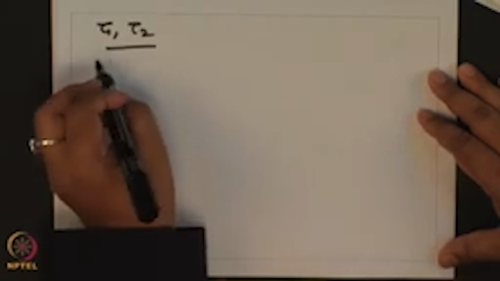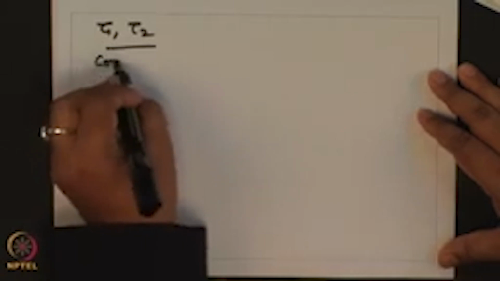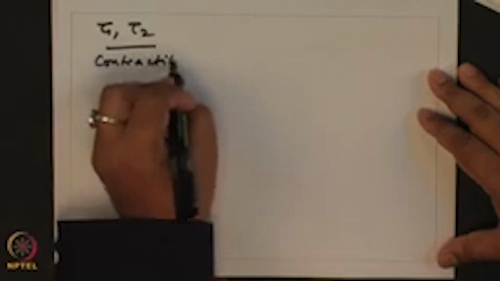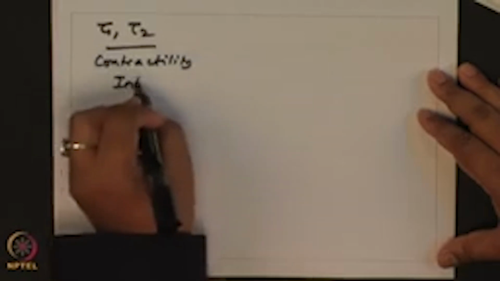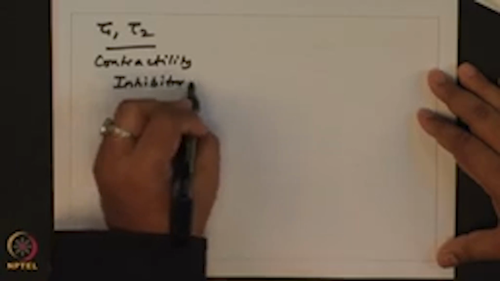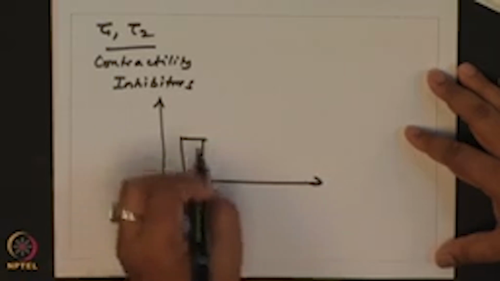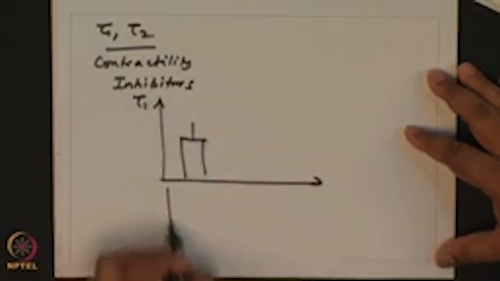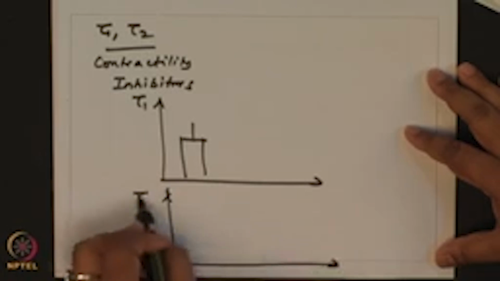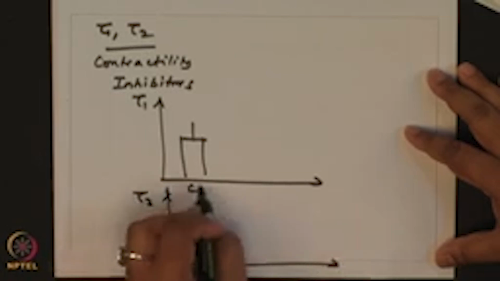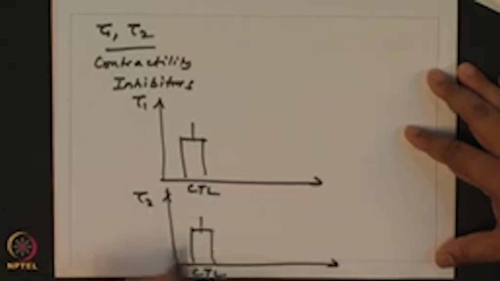So, what has been observed? You can backtrack two time constants, tau 1 and tau 2. What has been observed is when you perturb cells with contractility inhibitors, let us say for control cells this is my value of tau 1 and tau 2.